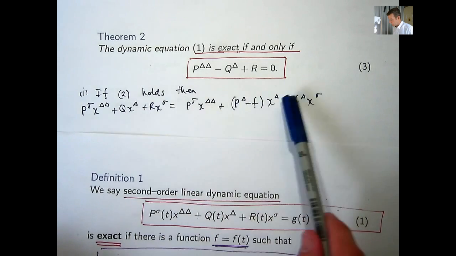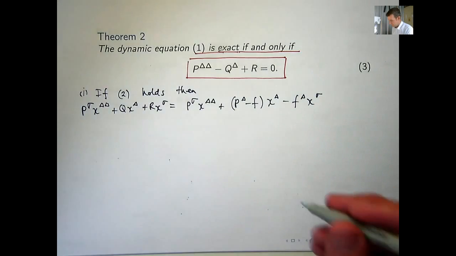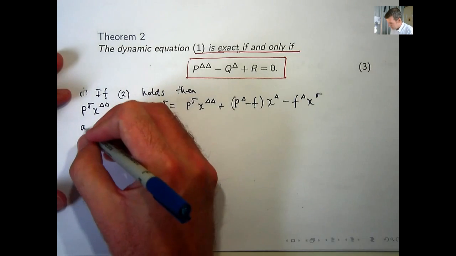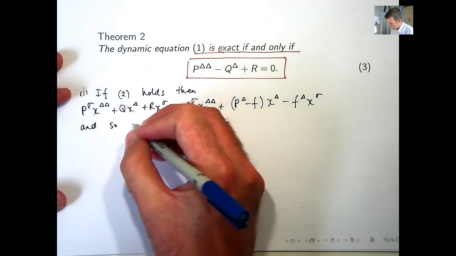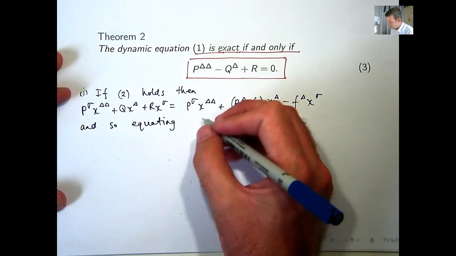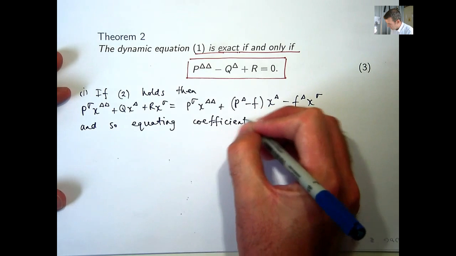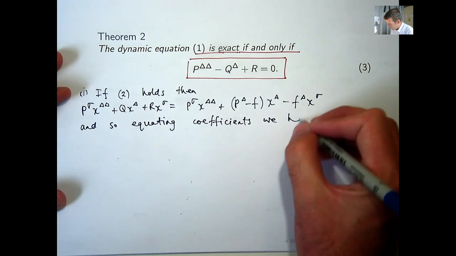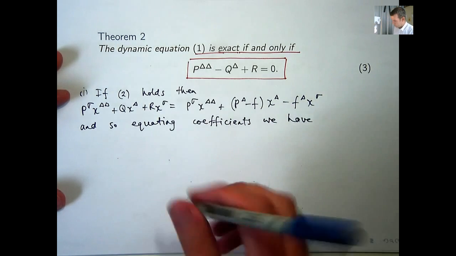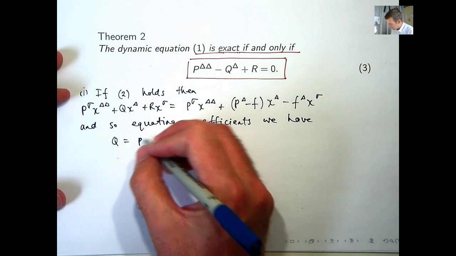I want that to equal that, and this to equal this. So equating the coefficients, we have, well, that's not very interesting. The second one is more interesting.